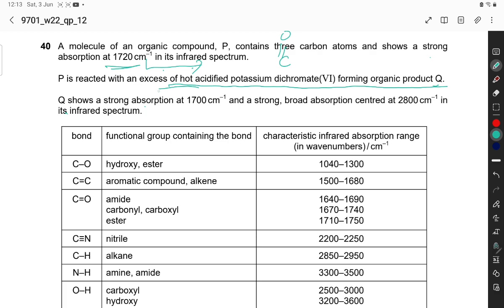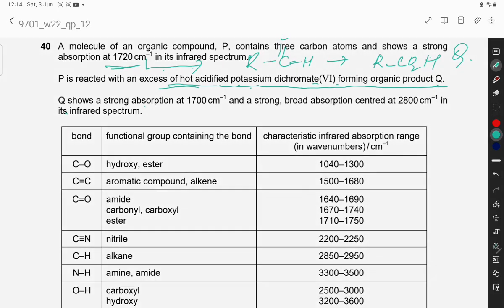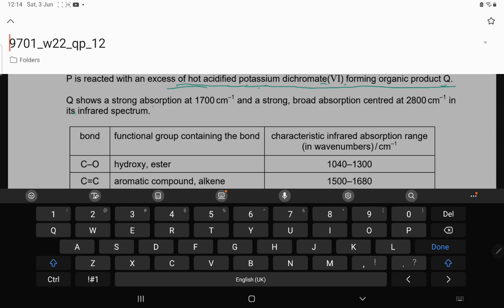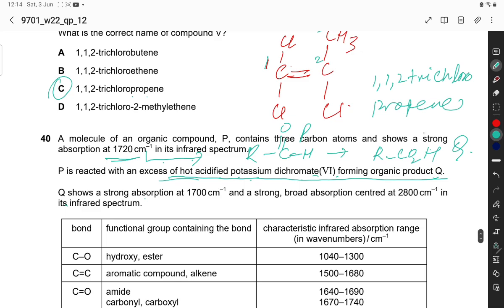A ketone does not get further oxidized in the presence of potassium dichromate. Only an aldehyde is oxidized to form RCO2H. This is P and this is Q.